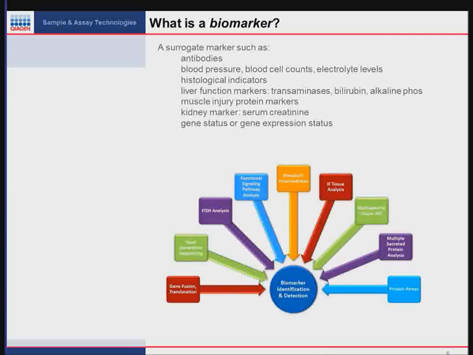Or enzyme levels from liver or enzyme levels from kidney are a proxy for liver disease or kidney disease. And there's a number of technologies, essentially any technology can be usurped for biomarker discovery, including those that look at the genetics of the situation, protein arrays, sequencing, in situ hybridization, and so on. However you gain access to these molecules is the tool that you use.